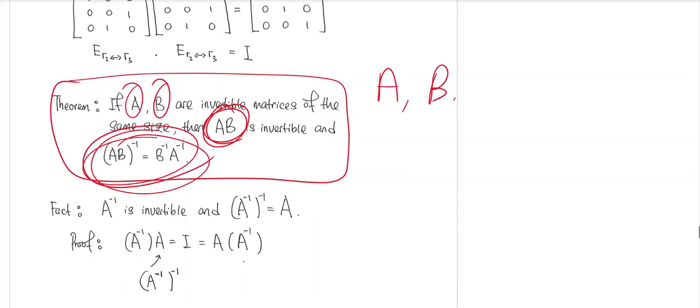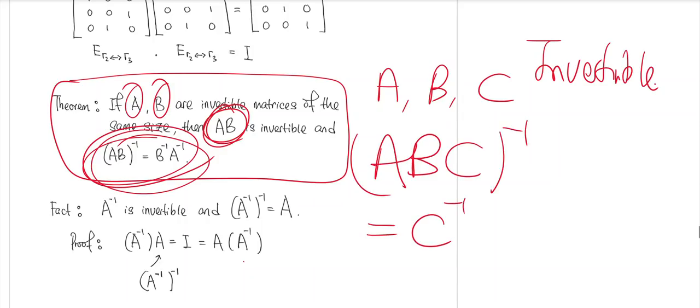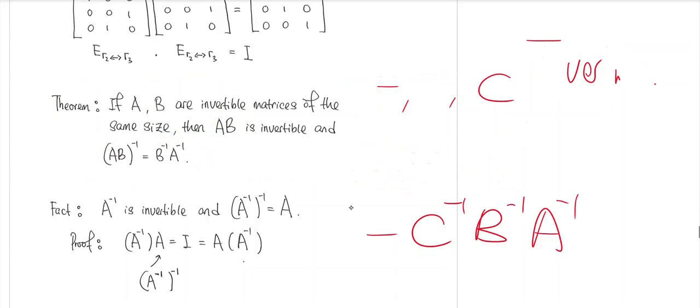So suppose A, B, C are all invertible. Key point, they are all invertible, otherwise it will not work. Then the product is also invertible, and in fact the inverse is C inverse, B inverse, A inverse. You have to flip the order. Why is that so? You can prove it pretty easily using definitions. So that's the first thing.